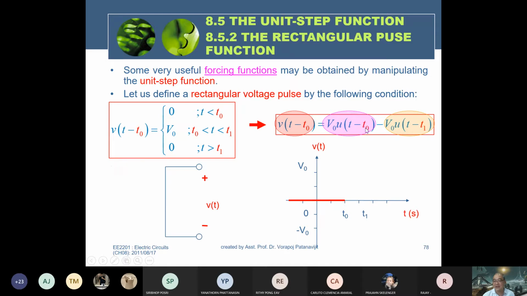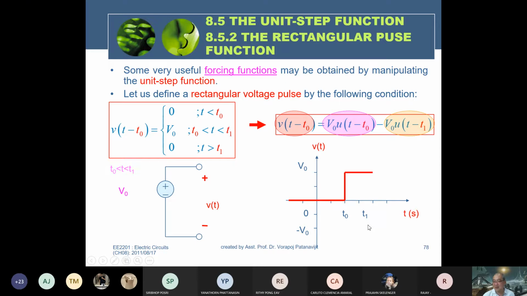For time greater than T0 but less than T1, what happened? Only the pink source is activated. The orange source is not activated yet, so subtracting 0 gives you the pink one, okay.